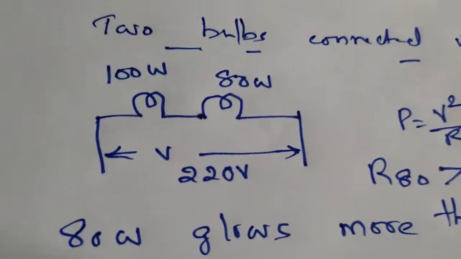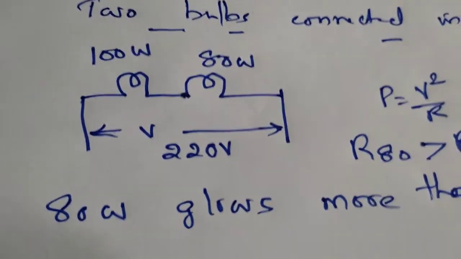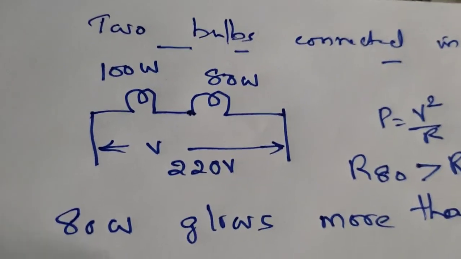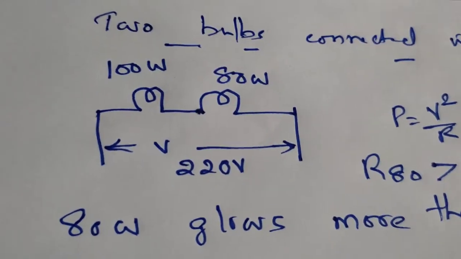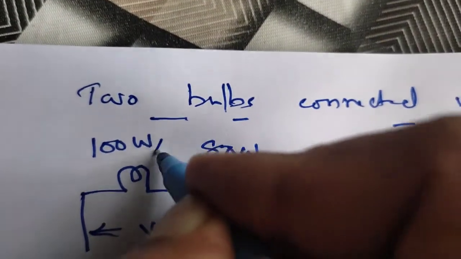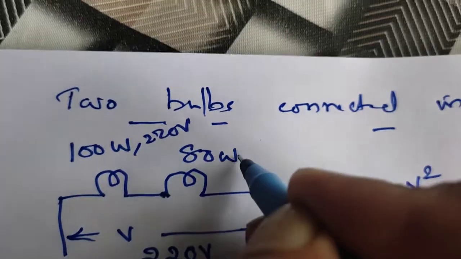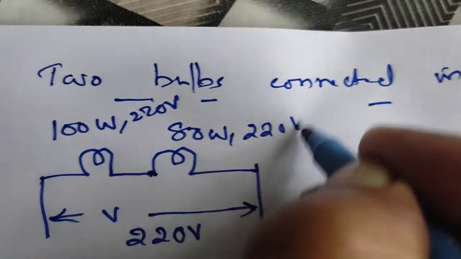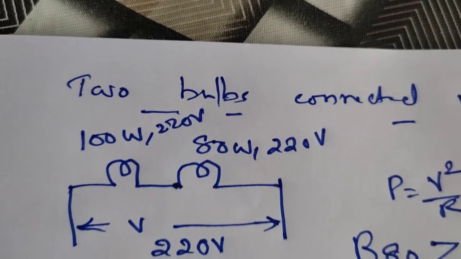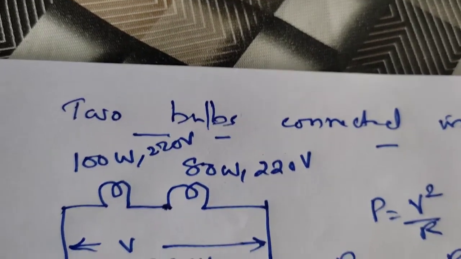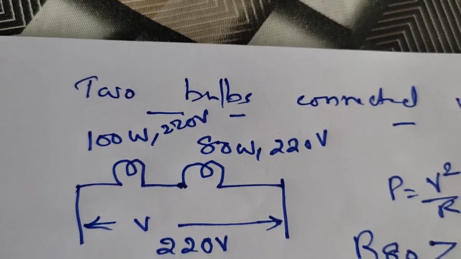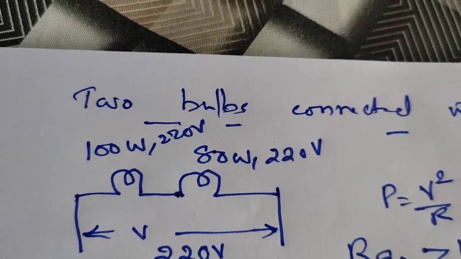Now let us see. Just consider a 100 watt 220 volt bulb and an 80 watt 220 volt bulb. Now we see what current is flowing.